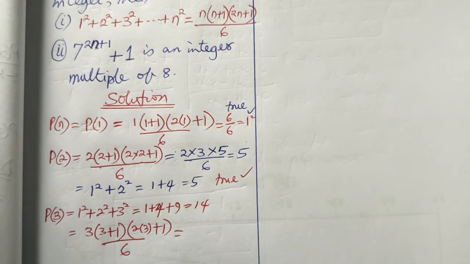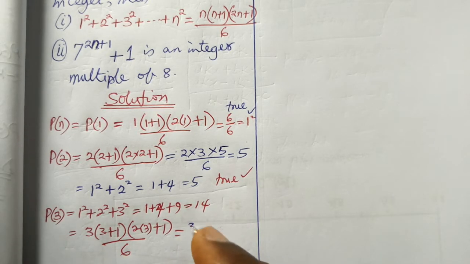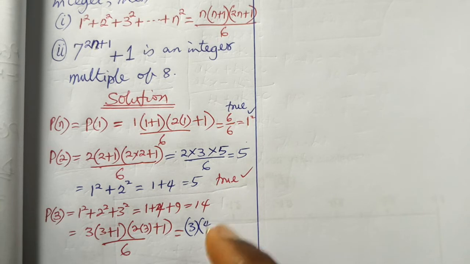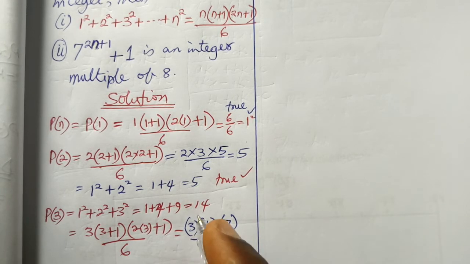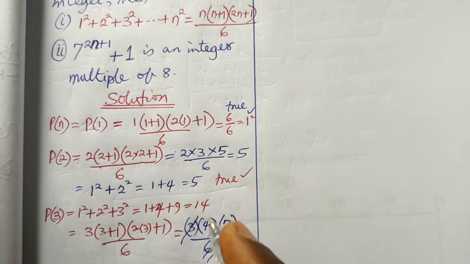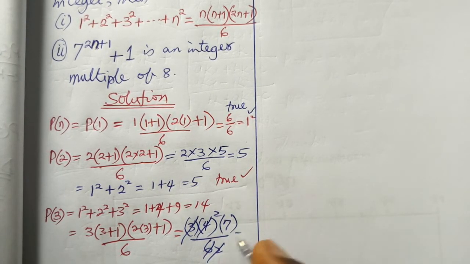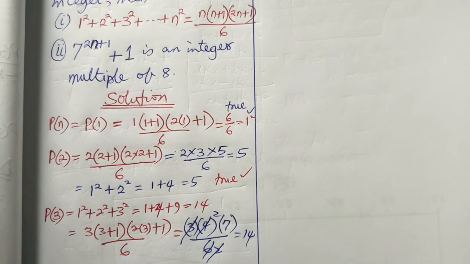So we have 3 times 4 times 7 all over 6, so it's 14.